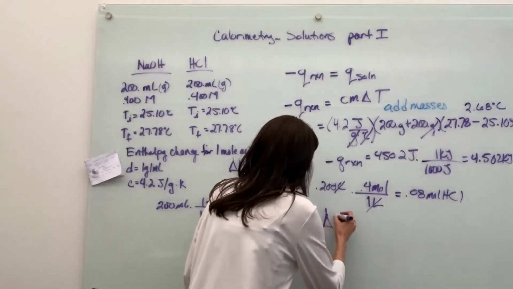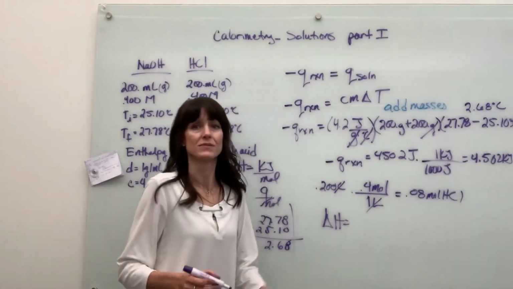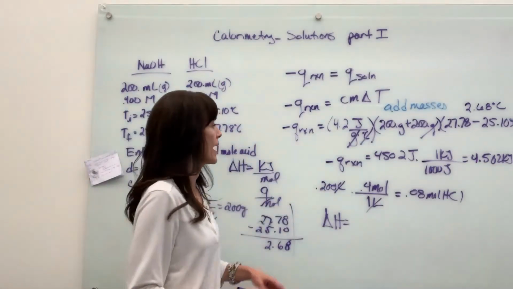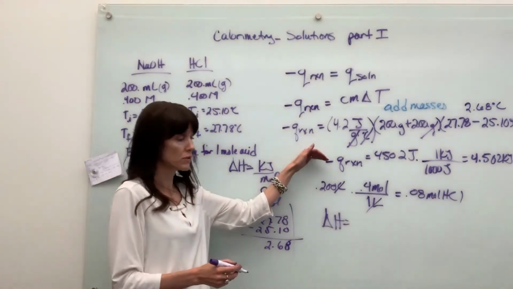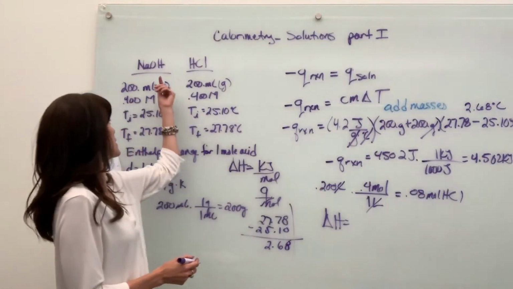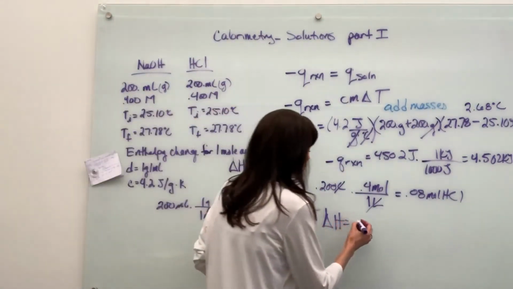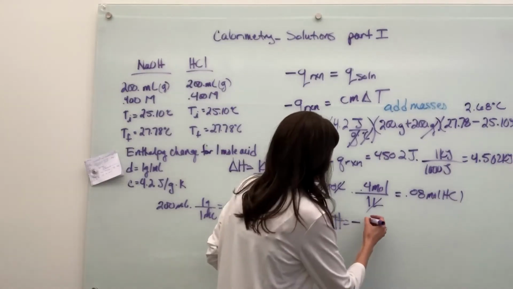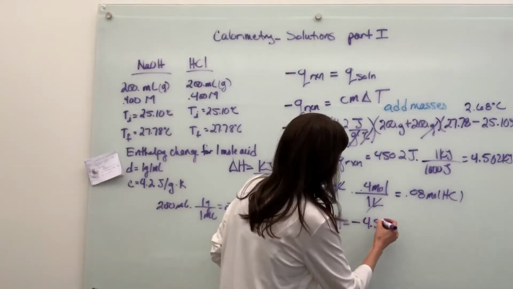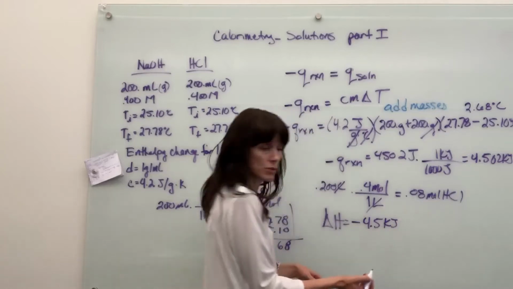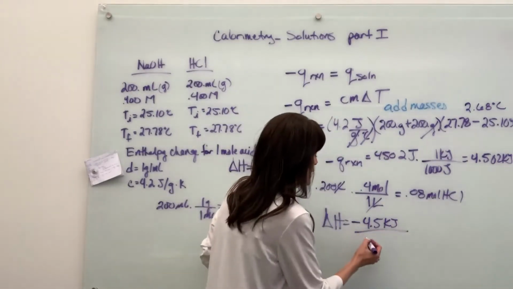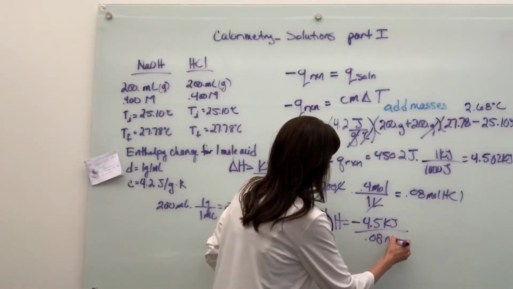Now we can divide. So delta H, remember, this is going to be kilojoules per mole. I got the kilojoules from finding Q, and I found the moles by using the volume and the molarity right here. We have negative 4.5 kilojoules, there's my 2 sig figs, divided by 0.08 moles.